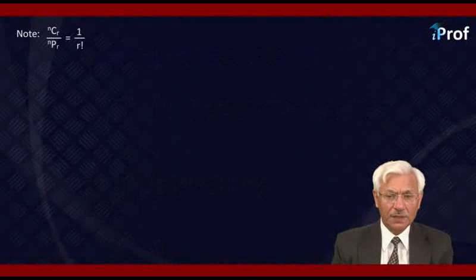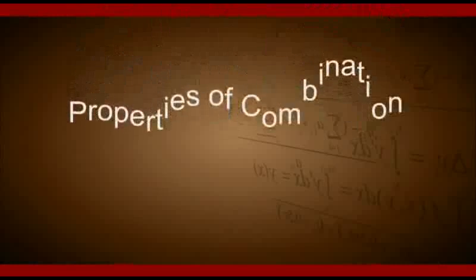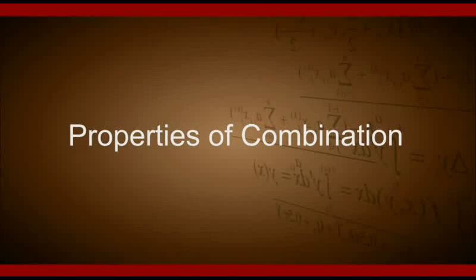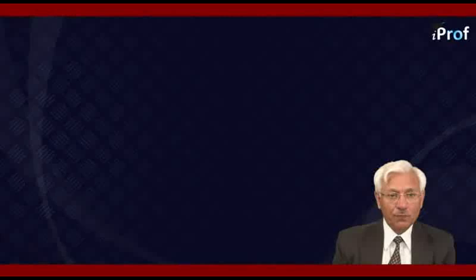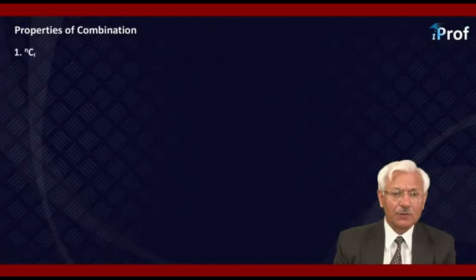It must be noted that nPr is equal to r factorial into nCr. From the above definition, we can find out that nCr is equal to nC(n minus r).